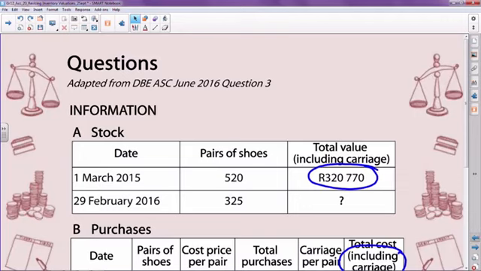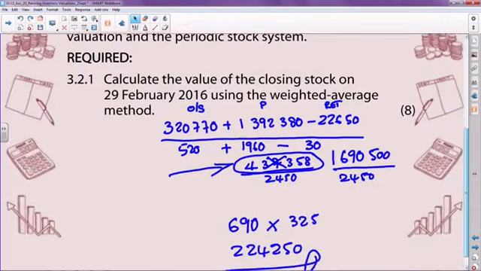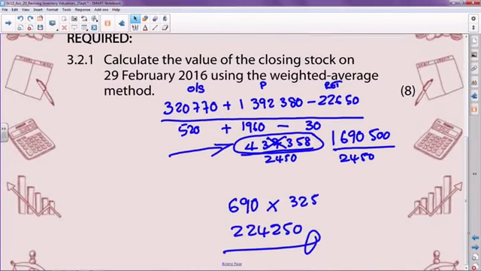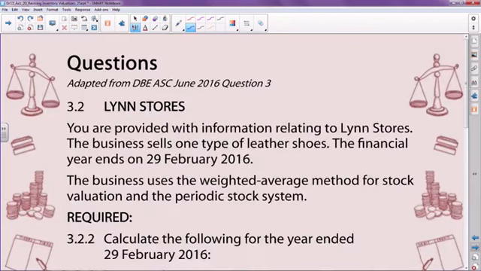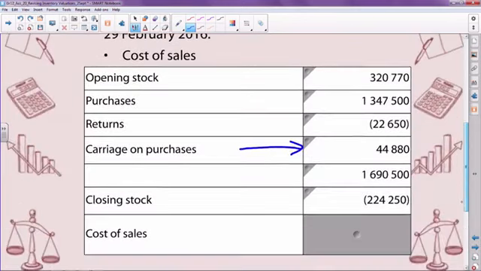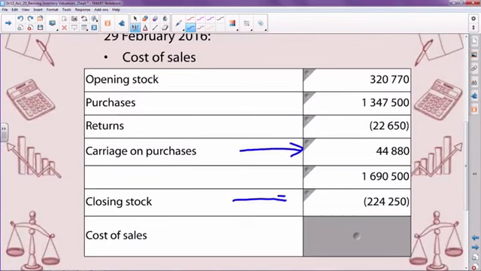Remember the calculation that you did? This calculation of 224,250 is what you're going to use when you are slotting in your closing stock. Then obviously this would give you your cost of sales.